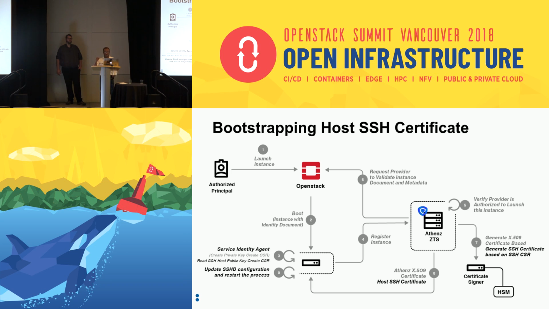So this time, Athenz does all the verification we talked about, then talks to certificate signer, and it generates the SSH certificate, then it places both the host SSH certificate and also the service identity certificate back to the instance. Then the service identity agent also does the last step, which is number 9. It updates the SSH daemon configuration and restarts the process, and that's how we take care of the TOFU problem.